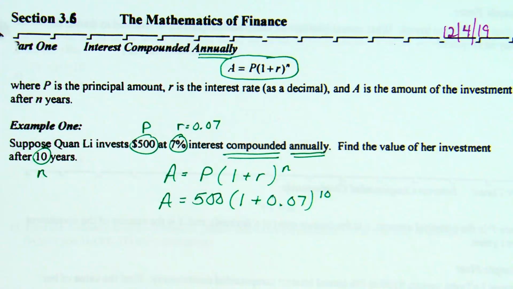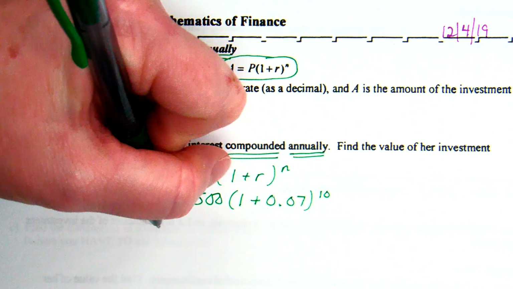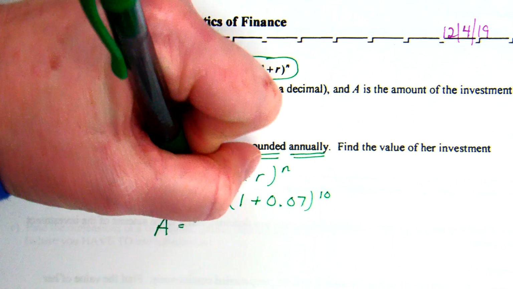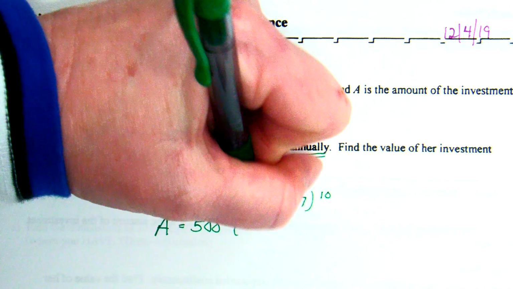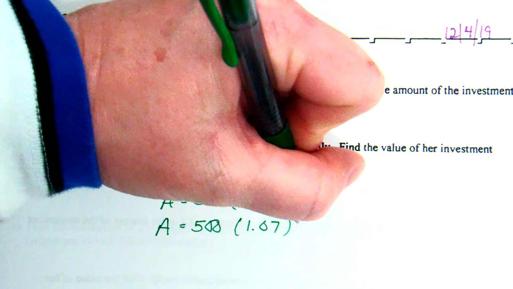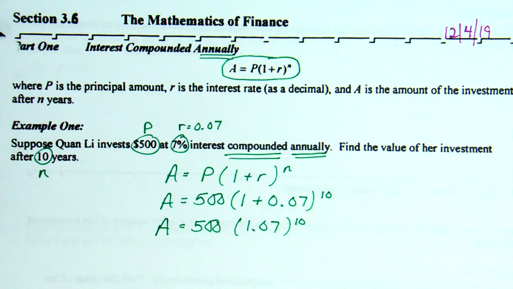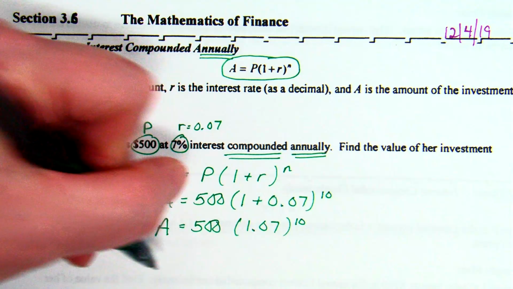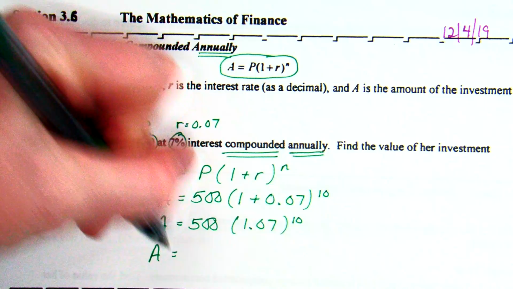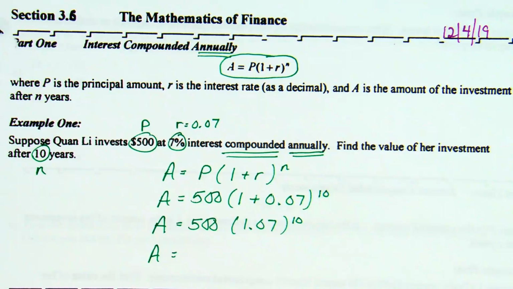1 plus R is 0.07 raised to the 10th. Now, officially, before you go to calculators, what's the one easy piece you can do? 1 plus 7 hundredths is 1 and 7 hundredths. And obviously at this point you are doing the calculator. Grab your calculators, make sure you know how to input the stuff.